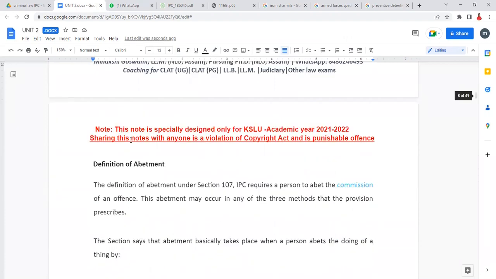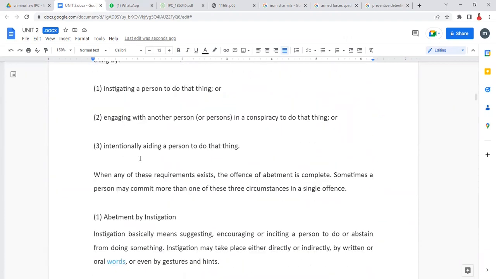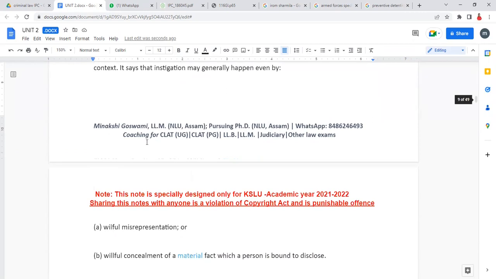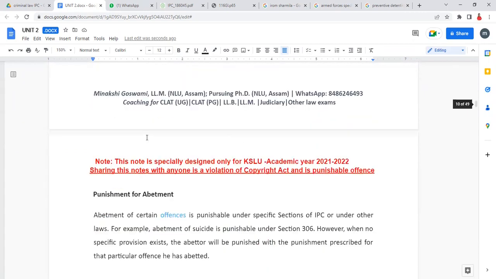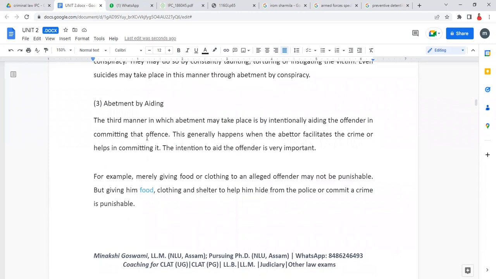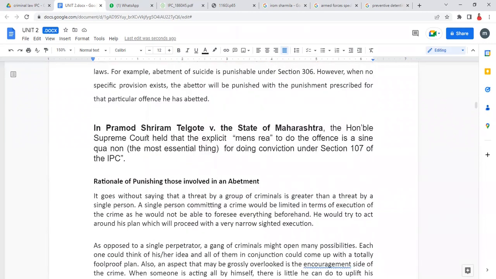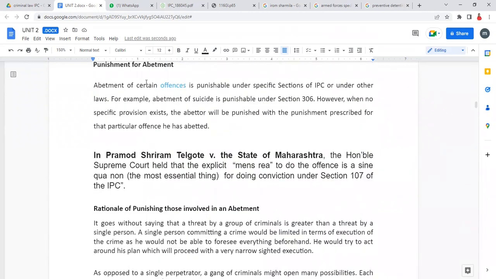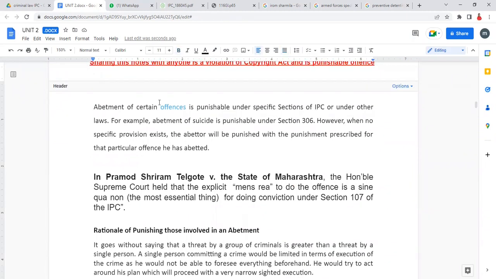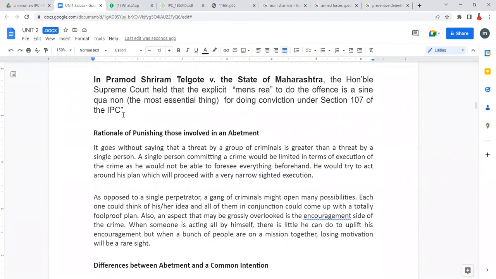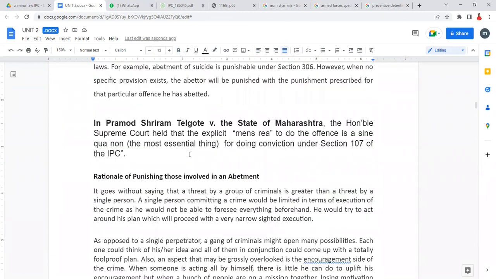It can be done in three different ways: instigating a person, encouraging a person, and providing aid to a person so that he is able to commit the crime. In all these three cases, the person can be held responsible for abetment under the principle of second degree. If we have a separate section mentioning separate punishment for abetment, that would apply. In case it is not, then the regular provision would apply.